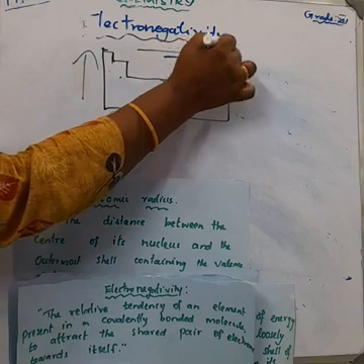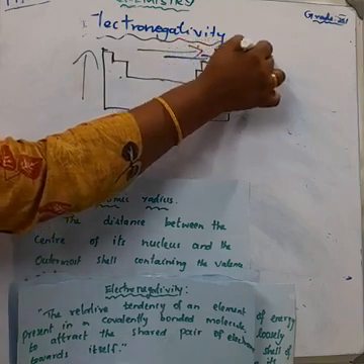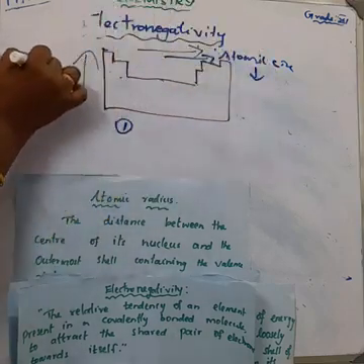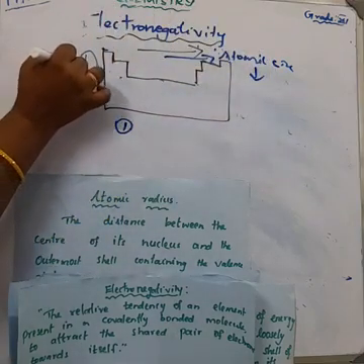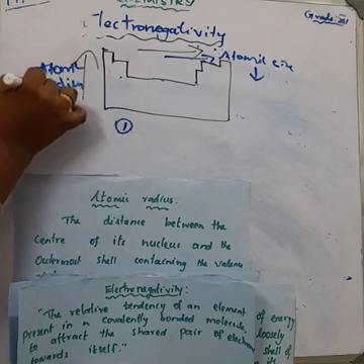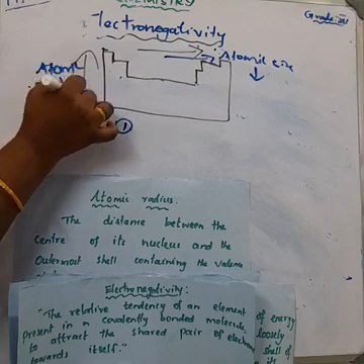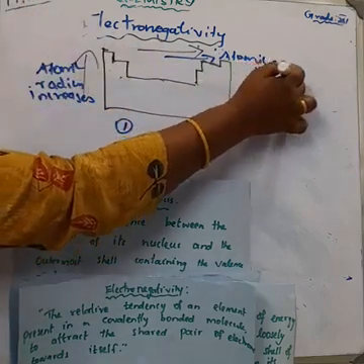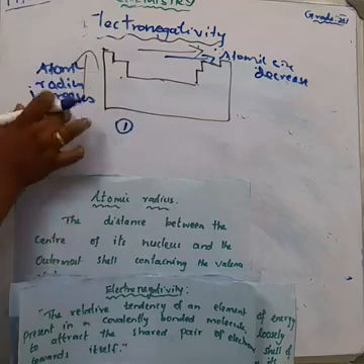Along the groups, the atomic radius increases because as the atomic number increases, the number of shells also increases, and the extra electrons are accommodated in new shells. Because of this the atomic size increases.